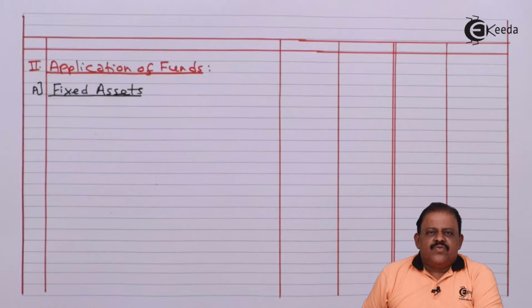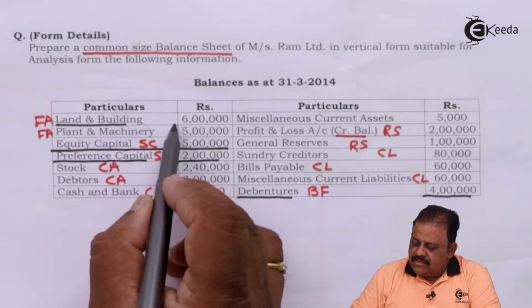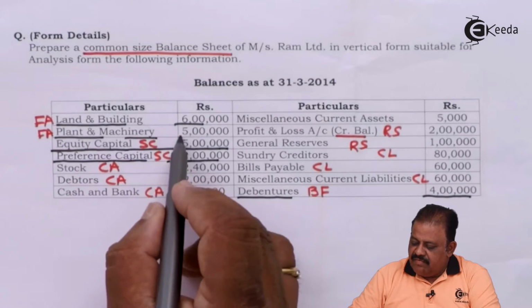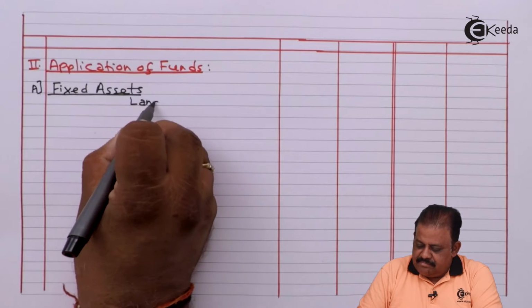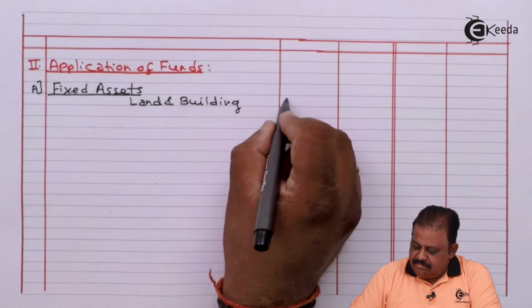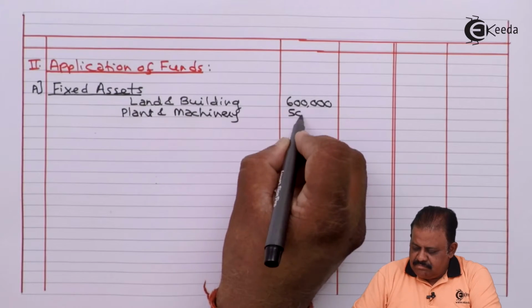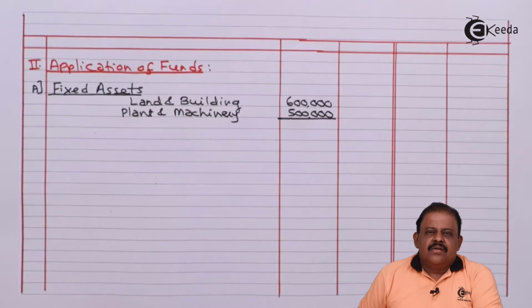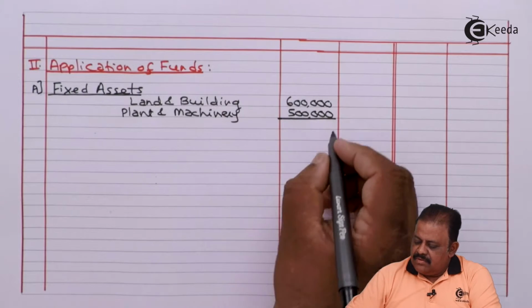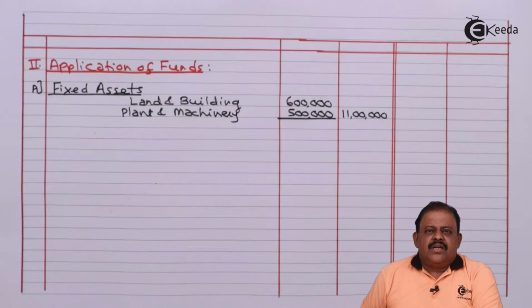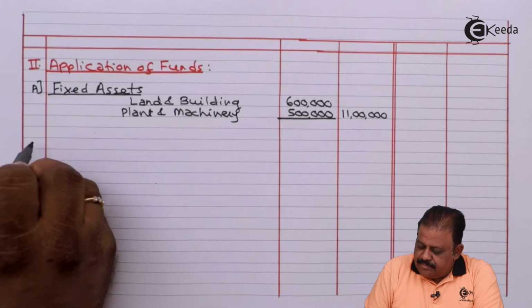In application of funds, first we have fixed assets. Land and building 6 lakhs. Plant and machinery 5 lakhs. Total fixed assets 11 lakhs. In this problem there are no long-term investments. So next item will be working capital.